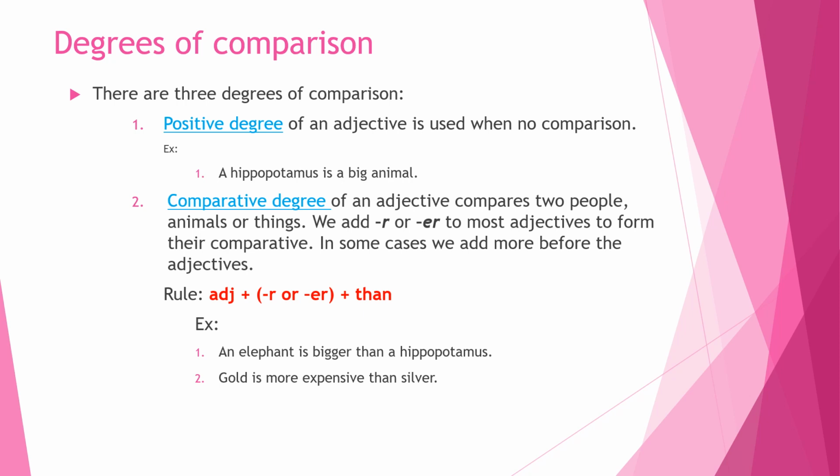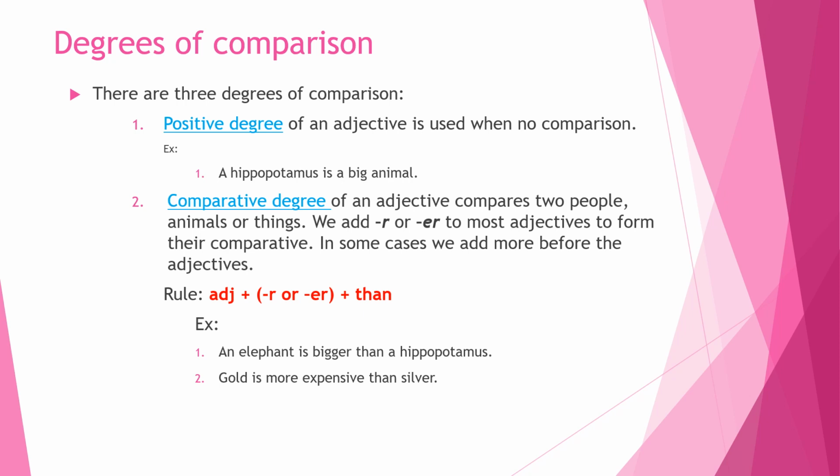Comparative degree is used when we compare two people or animals or things. In the next example, gold is more expensive than silver. In some adjectives, we cannot add er, so we use more.